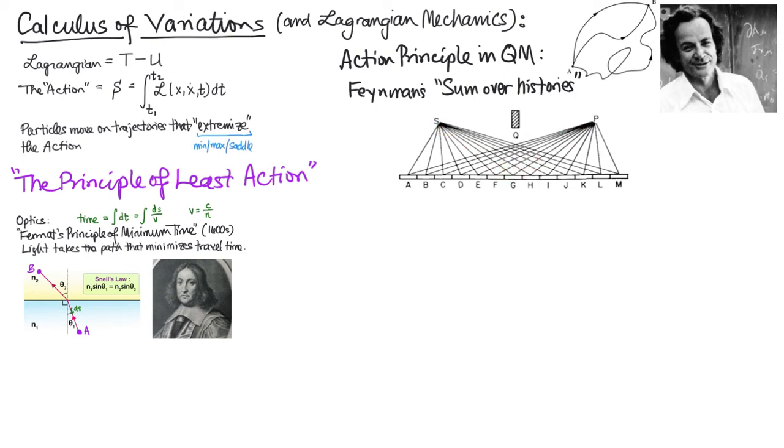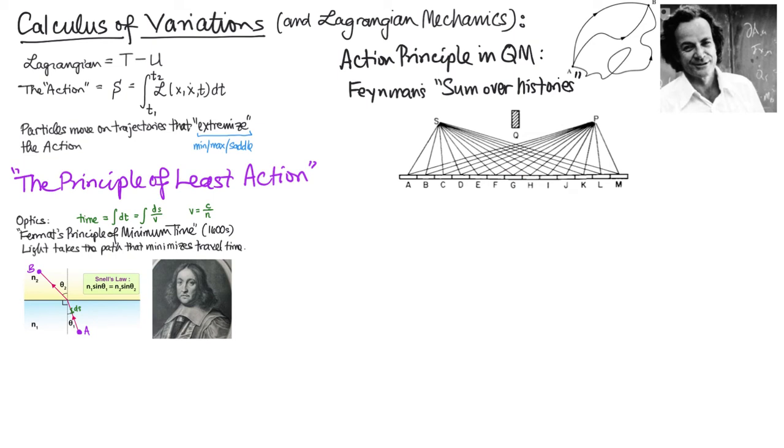But Feynman's point is that the photon actually takes all possible paths, even the ones that violate that angle of incidence equals angle of reflection path. And along each path, the travel time is different, right? You can see that the path S to A to P is going to take longer than the classical path that Fermat tells us about, the path of minimum time.